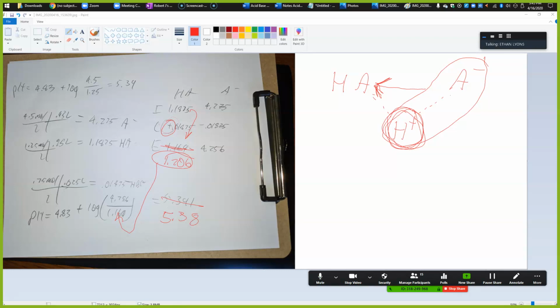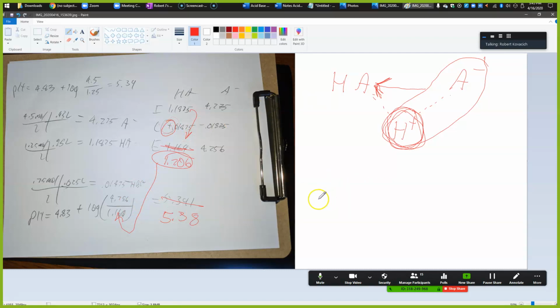I have a quick question. Why do you not turn those numbers into concentrations, because those numbers are mole numbers? That's a really good question. So pH equals 4.83 plus log, and I'm going to write this really big so we can see what's going on.